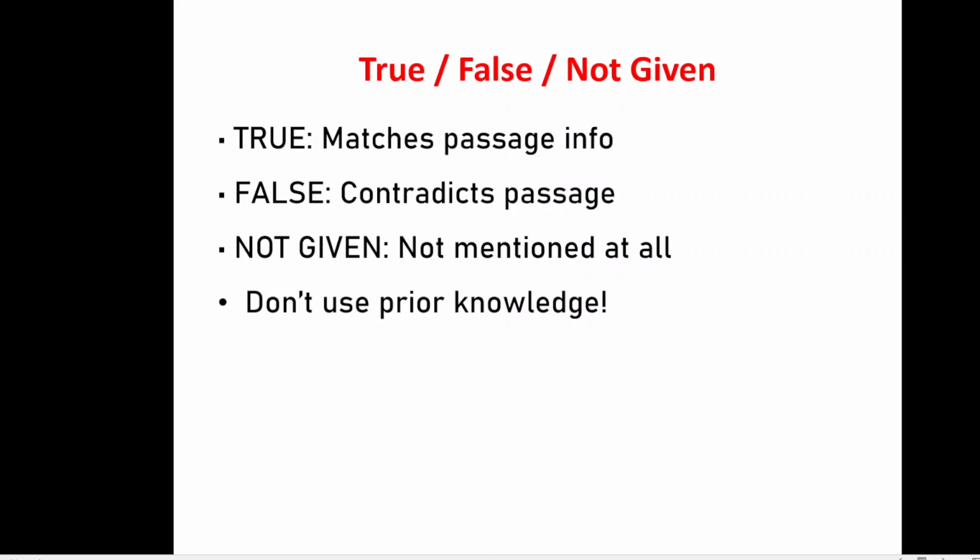The information is actually in the passage. It is false when it contradicts the passage, and it is not given when it is not mentioned at all. The information cannot be found in the passage.